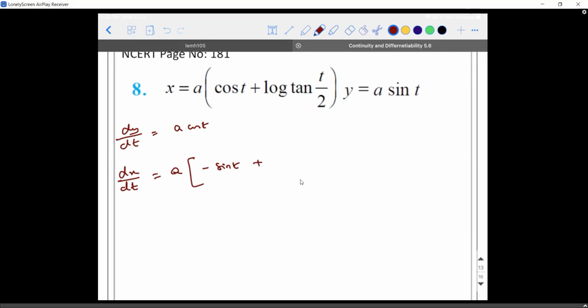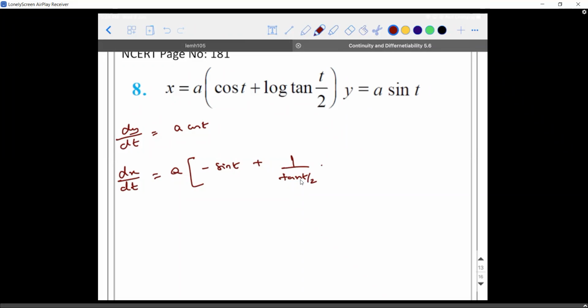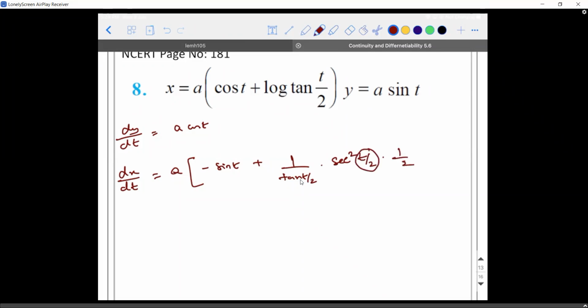Sir, what is the derivative? 1 by tan t by 2. Is that all? Into derivative of tan t by 2 is there, not? Yes, same rule. Into secant square t by 2 into derivative of t by 2, that is half. Okay.